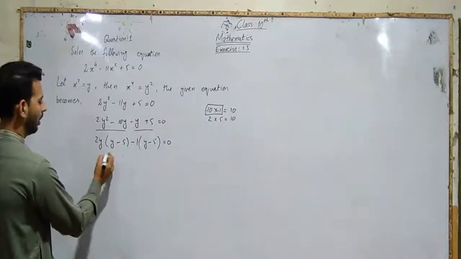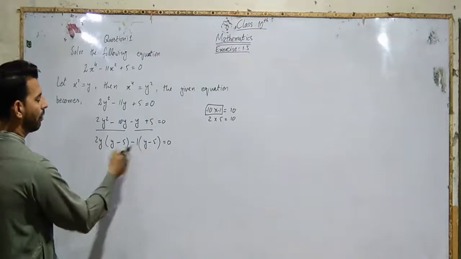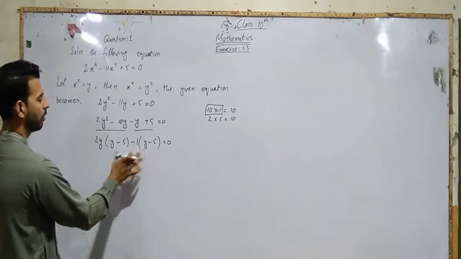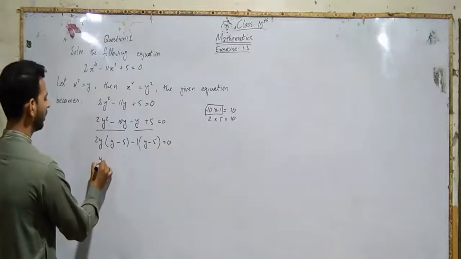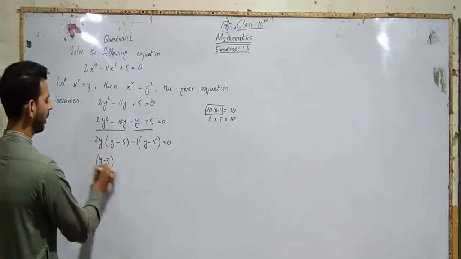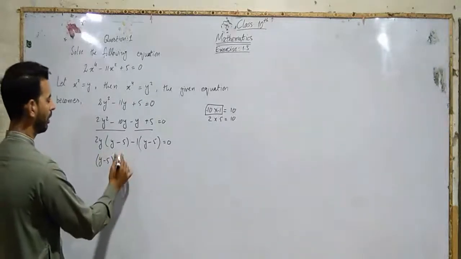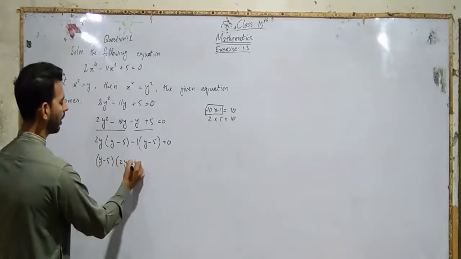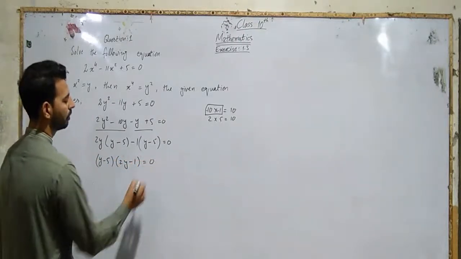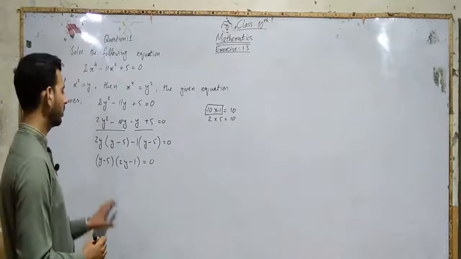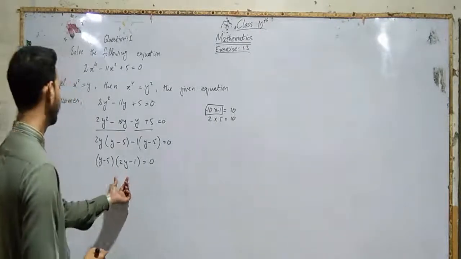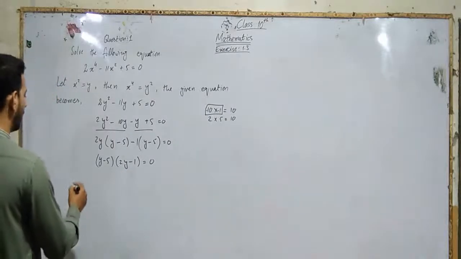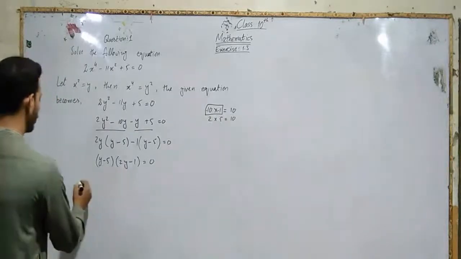So now y minus 5 is common in both these values. So we will get y minus 5 first, and then the remainder, 2y minus 1 equals 0. Now students, we have to find out the value of y. For that, we will write both of them equal to 0.